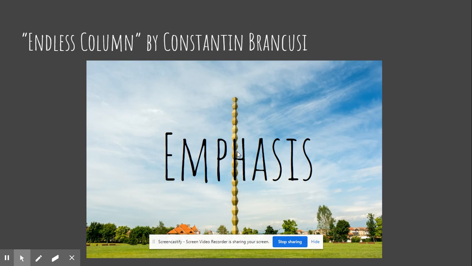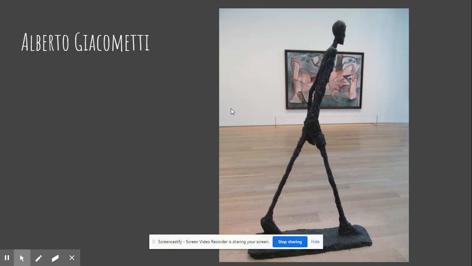Now, we could say there are a couple different ones that this falls under, like pattern, rhythm, things like that. But the one that stands out in my mind is emphasis, because it is all by itself and it is really drawing our attention to one specific location. Here we have a piece by Alberto Giacometti, and you can see the long, skinny legs. This is very common in a lot of his work.